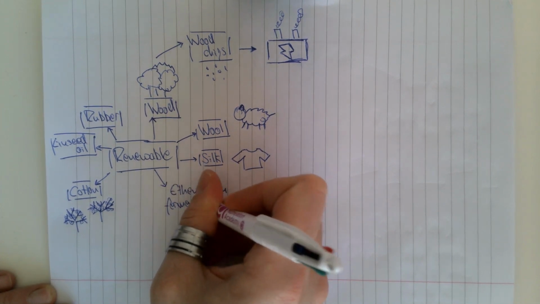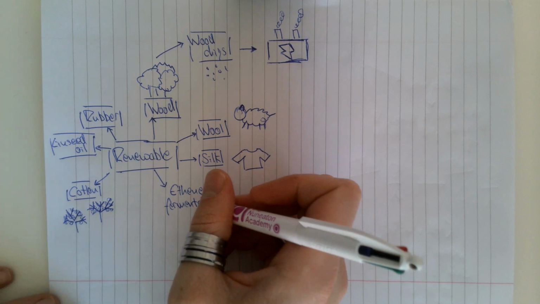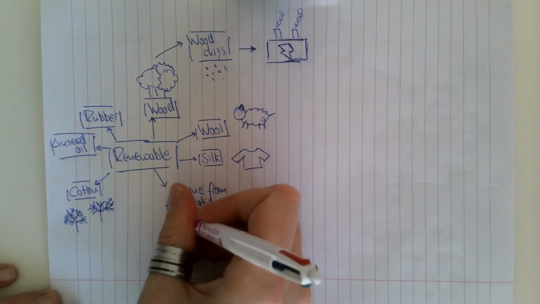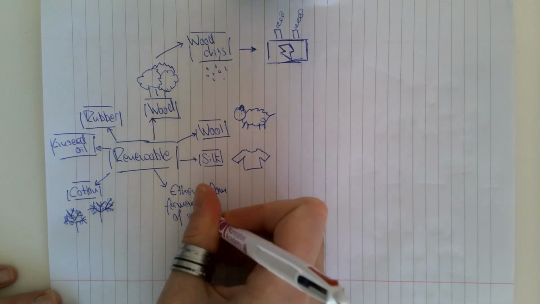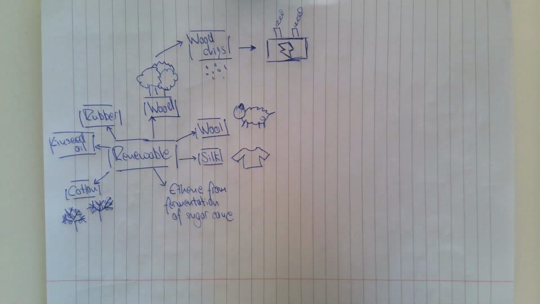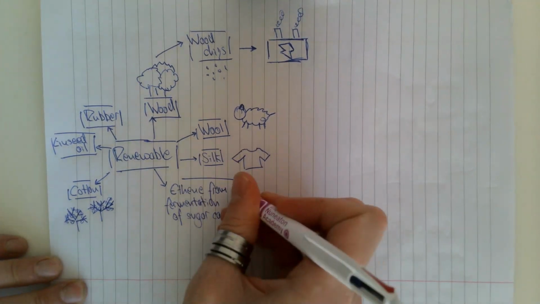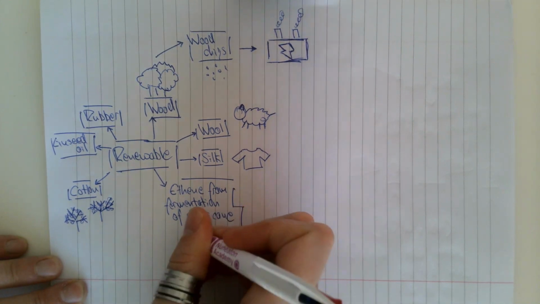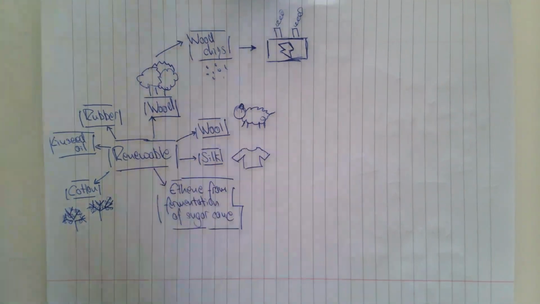It's obviously the natural plant from which the base product of sugar comes from. So lots of examples of renewable resources there. It'd be worth noting down and making sure you can bring up examples of them in questions where you're being asked about the use of resources on the earth.